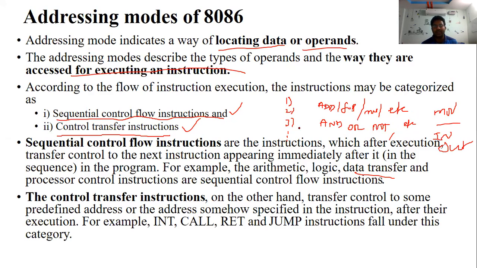So in sequential control, the microprocessor executes one-by-one instructions.